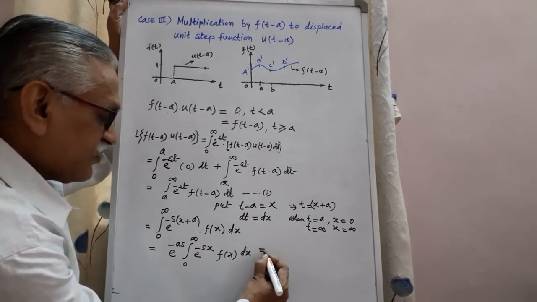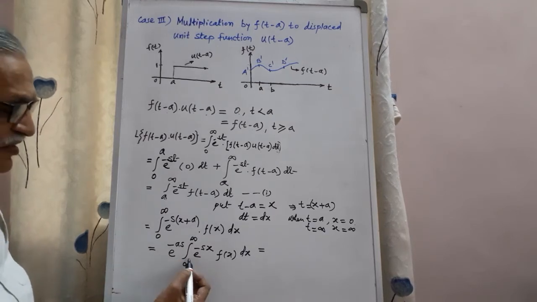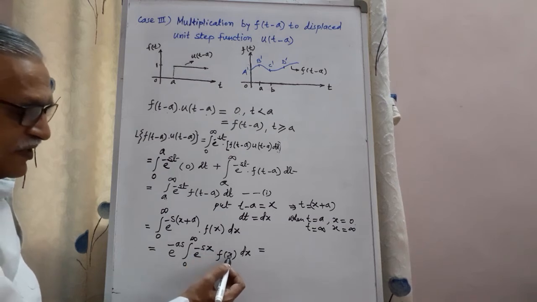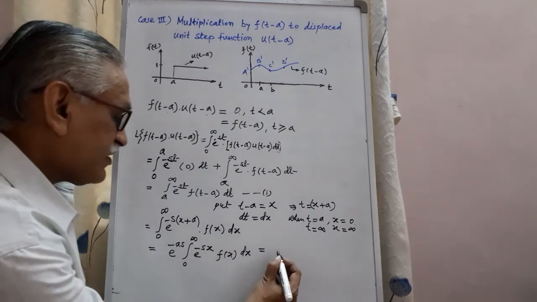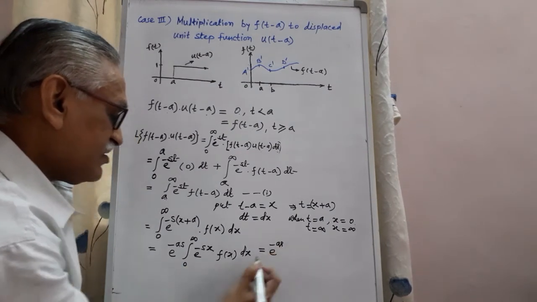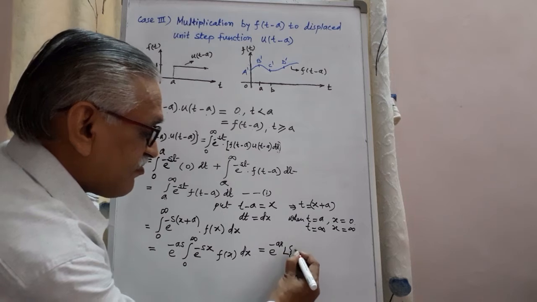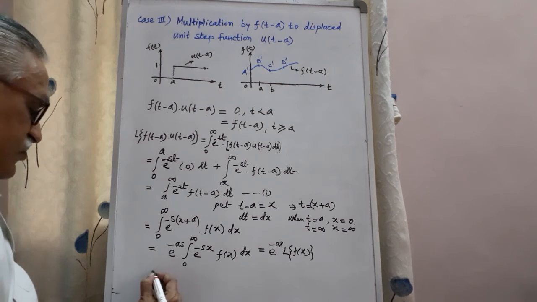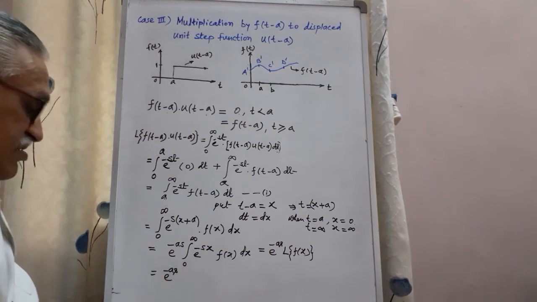This is exactly similar to the basic definition of Laplace transform, with limits 0 to infinity, e raised to minus st f of t dt, where we can replace the variable x by t. It is e raised to minus as times the Laplace of the function f of x.